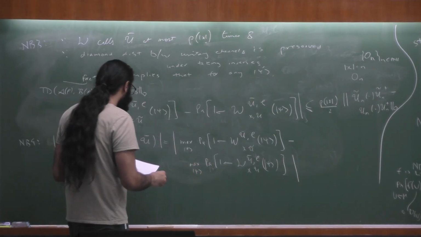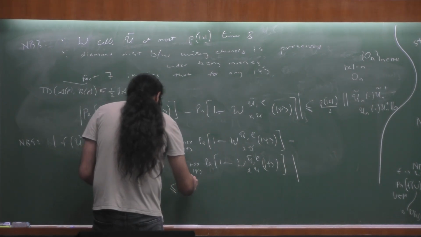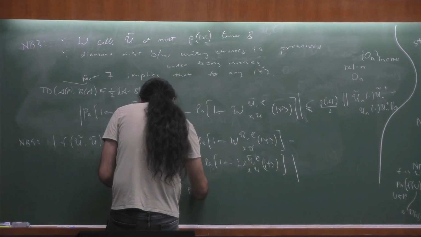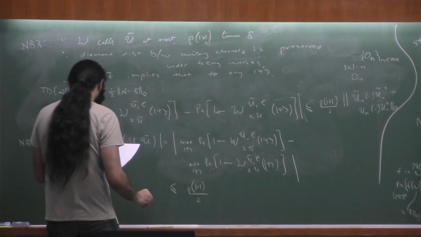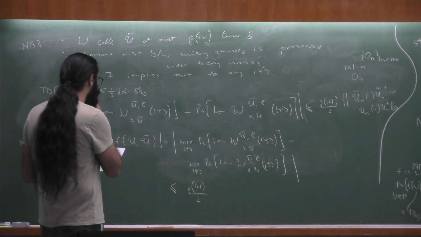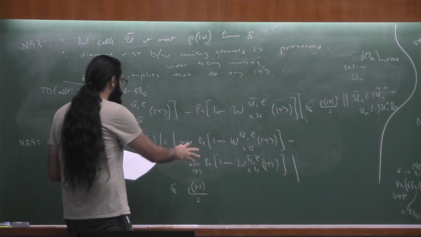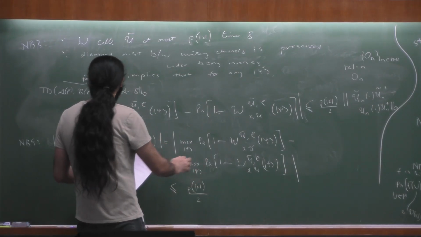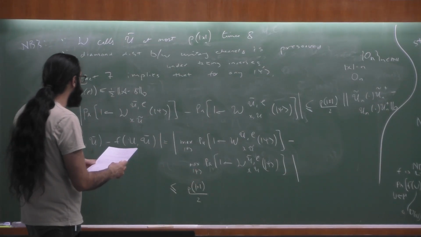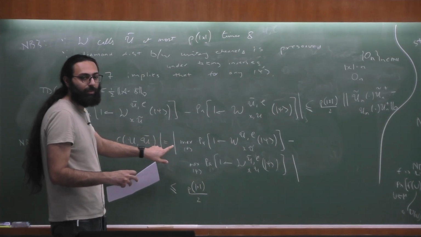And now this is something very similar to what we saw last time, but just written for the case of these differences. So now this essentially becomes the same as, basically you can pull out the max over psi.